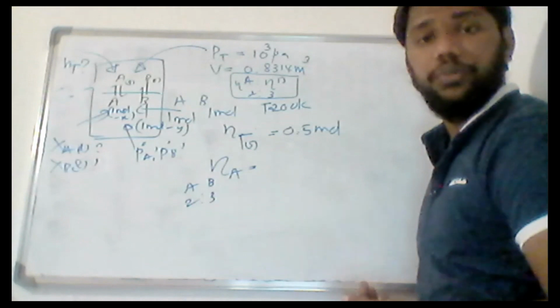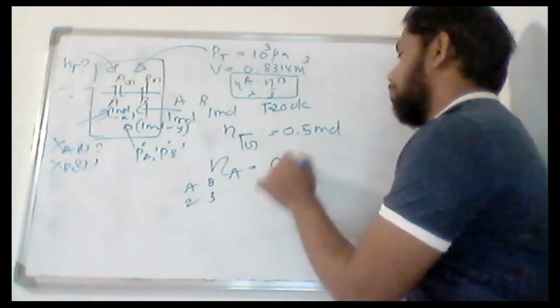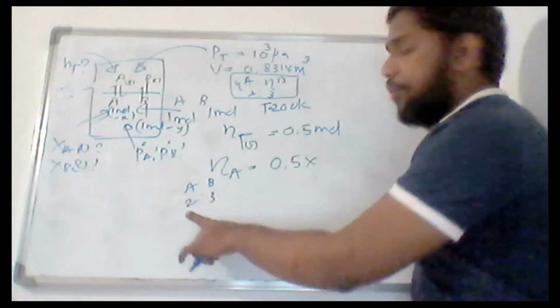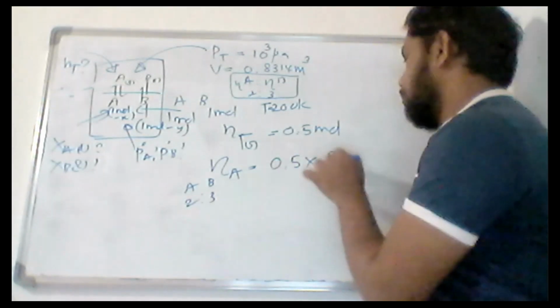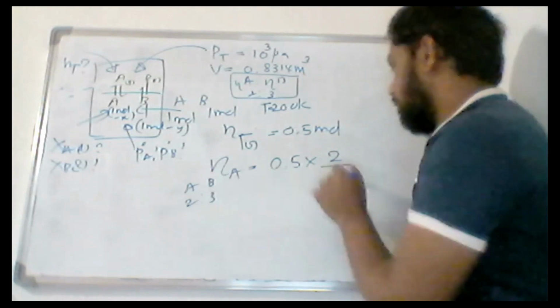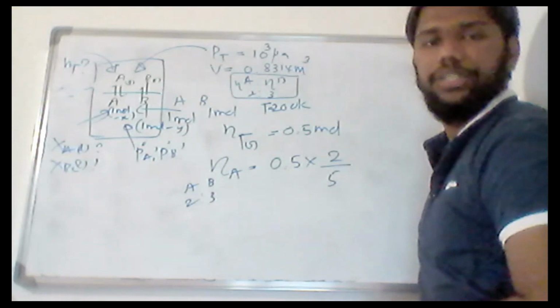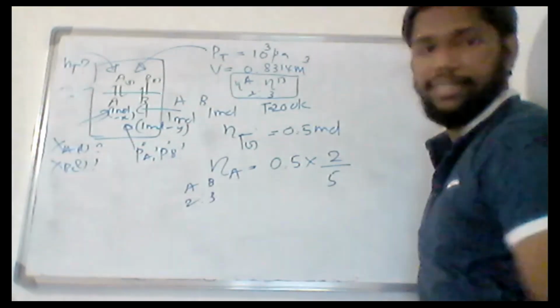So what you have to do? You have to get 0.5, and the component of A is 2 and the total component is 5. That is how you calculate the number of moles from a ratio, right? 2:3. This is O level maths.